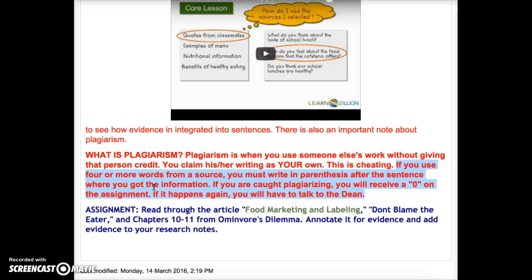And if it happens multiple times or more than once, you have to have a conversation with the dean and can possibly face expulsion. So please don't let this happen. This is just the policy of Laney and all other academic institutions.